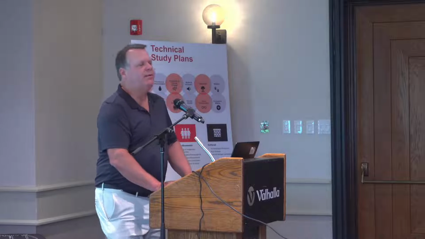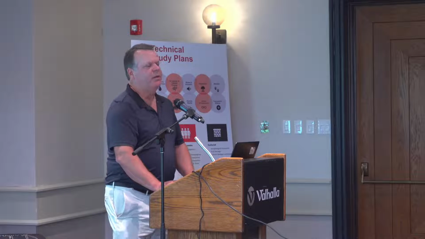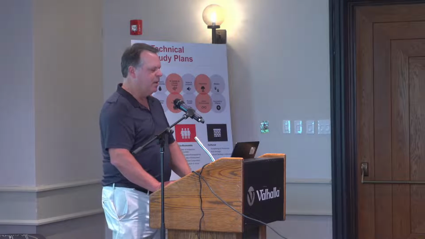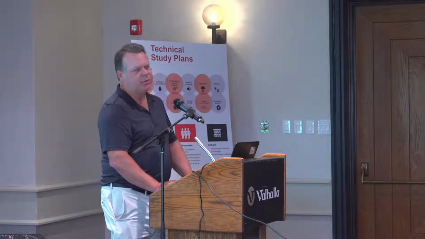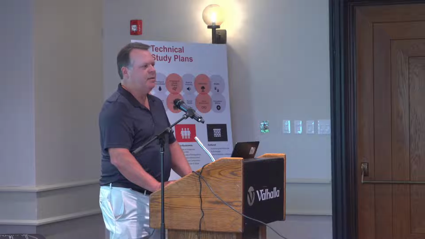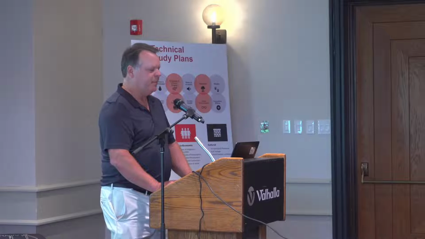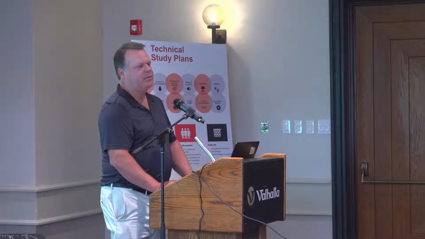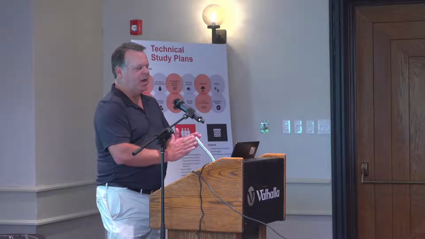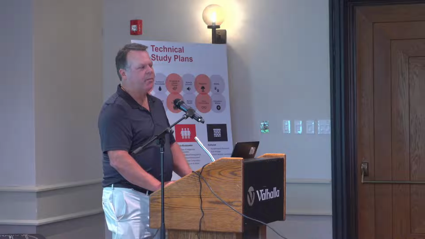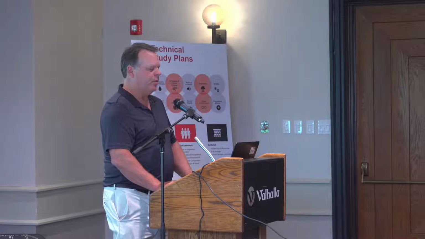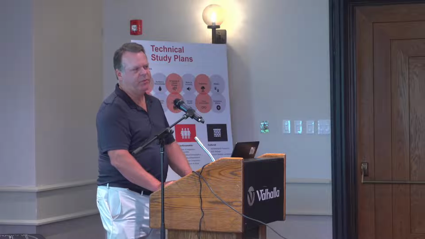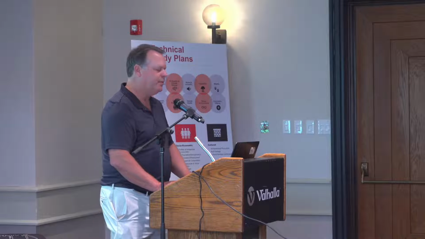Just to give you an idea of the project itself, the planned road is 107 kilometers in length. 17 of those kilometers sit within the actual reserve boundaries. At this point, we do not have a defined center line for the road. We have a preliminary 2-kilometer corridor that we're using for looking at route alternatives.